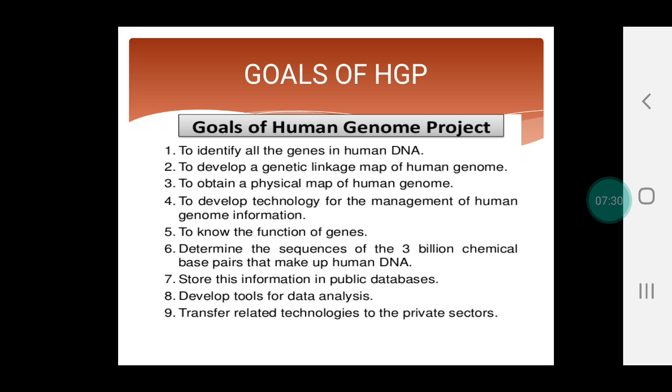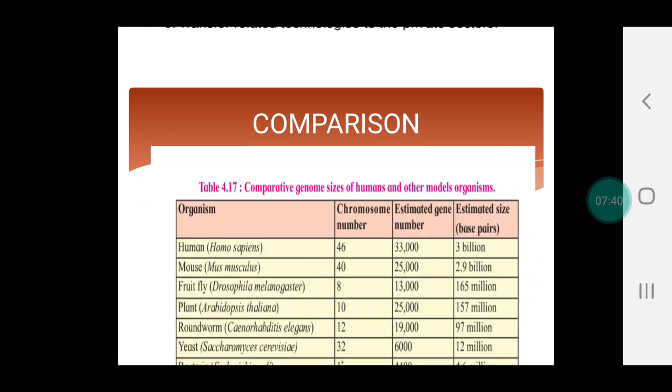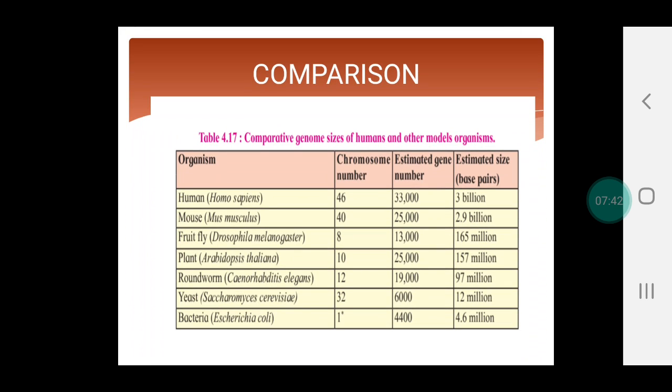So these are the model organisms, and complete genome sequences of these model organisms will be useful for comparative studies that will allow researchers to study gene functions in these organisms. So it will lead to understanding of gene structure and function in other species, including humans.